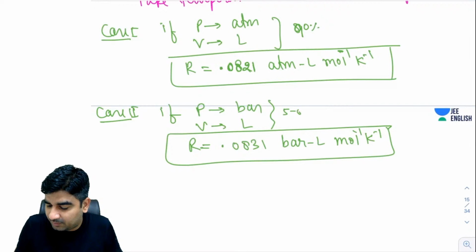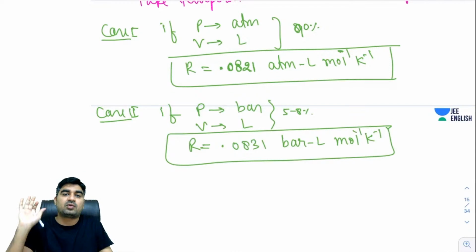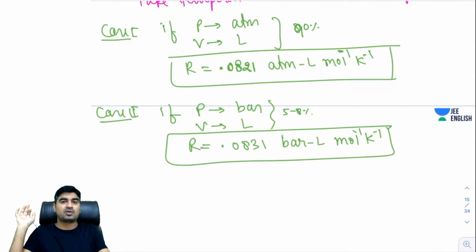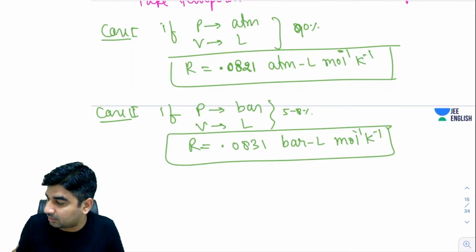So 5 to 8% it will be used. You have to remember these units: the value of R when pressure is in atm and volume is in liter, and the value of R when pressure is in bar and volume is in liter. Right? I hope now you got the values.